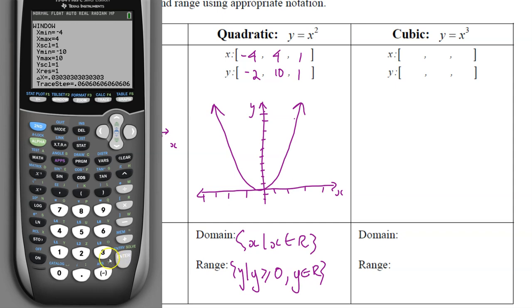And if we're going to 4s, we could go -50 to +50. Now, if we go by 1s, we'll have to put 100 ticks in there. So we don't want to do that. So we'll go by 10s. And let's hit graph.